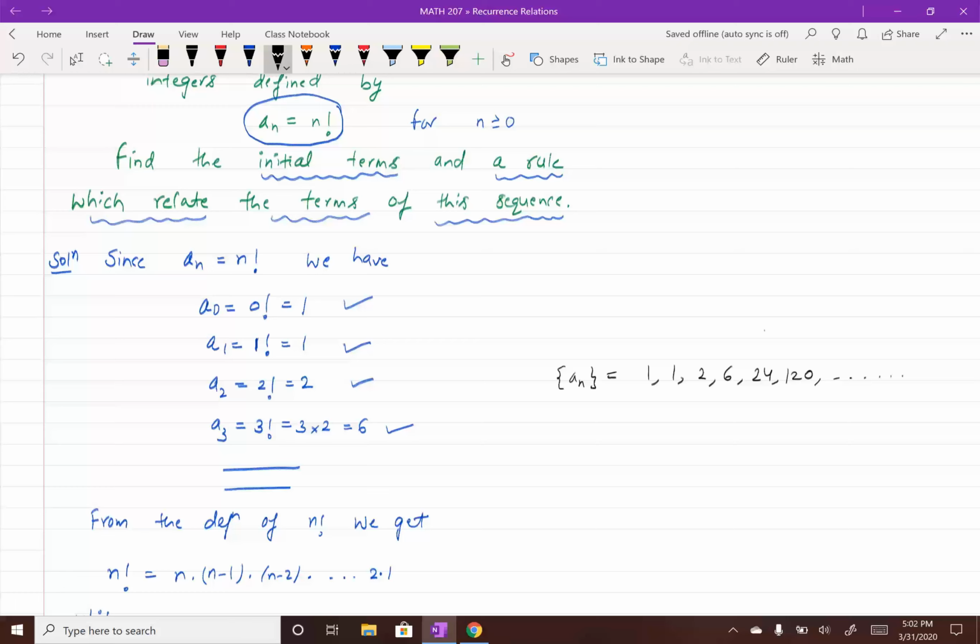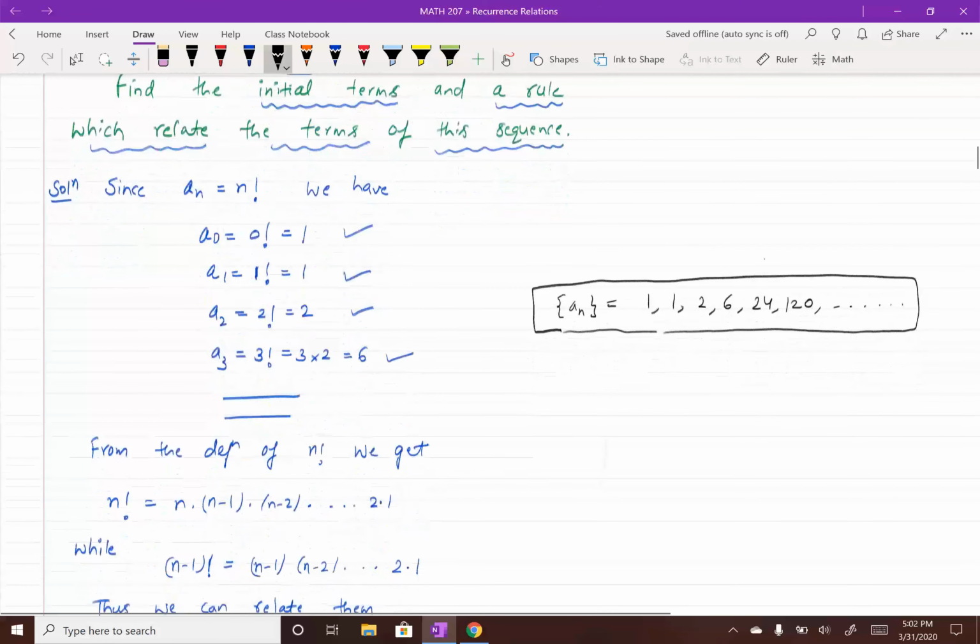Okay, now let's suppose either the sequence is given in the form of this explicit formula or the sequence is given in the form of these terms. Then the question is, can you find another representation of this sequence in the form of some initial terms, as well as finding some rule which connects the elements of this sequence?